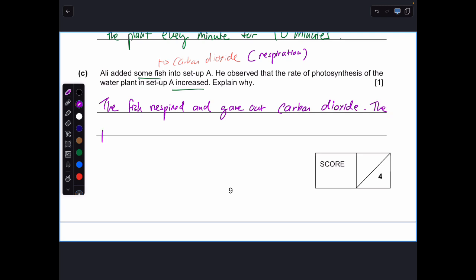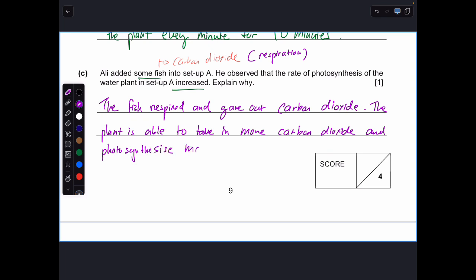The plant is able to take in more carbon dioxide and photosynthesize more. So what am I looking for? Respiration. If you don't have the word respiration here, deduction of half mark. Look carefully.